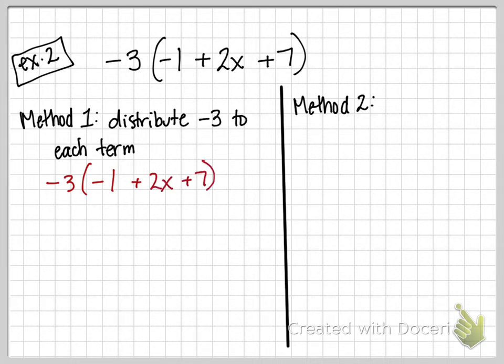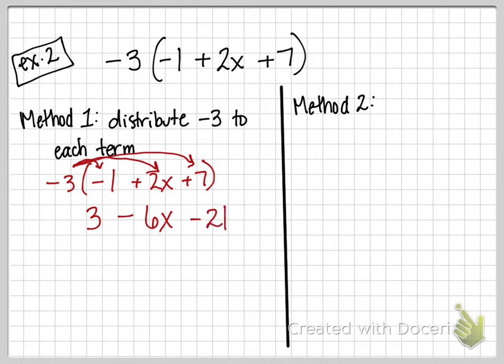So distribute the negative 3 and then combine like terms. Negative 3 times negative 1 is what? Nicholas, positive 3. Negative 3 times 2x is what? Negative 6x. And negative 3 times 7, negative 21.